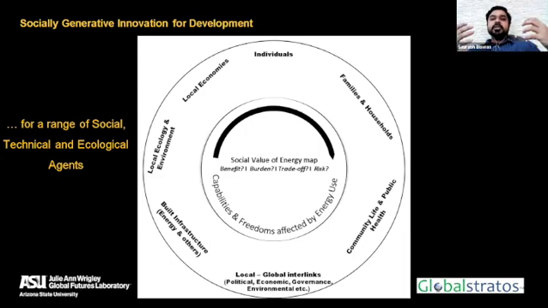The agential diversity can be formed by a range of social, technical, and ecological agents, right? So you see individuals, local economies, families, and households, infrastructure and ecology also feature here as agents.